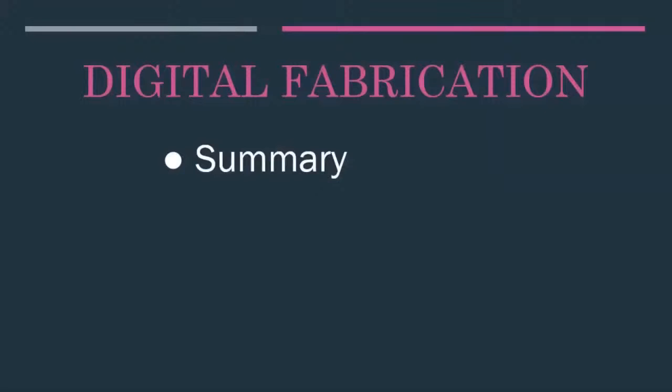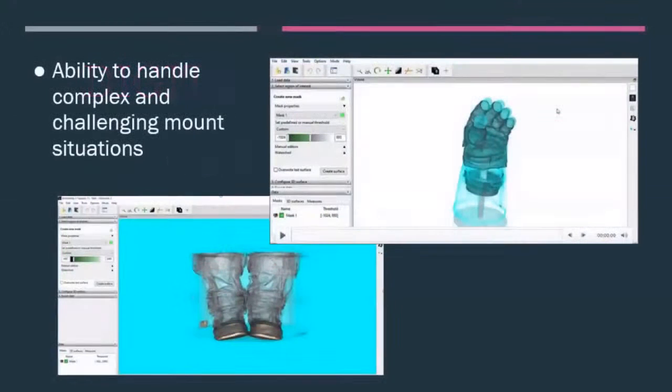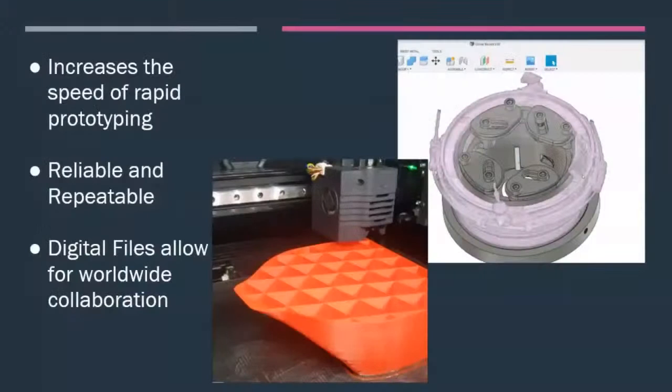In summary, I'd like to go over some of the key aspects of digital fabrication and how it can benefit the museum world. First off, digital fabrication has the ability to handle complex and challenging mount situations. It also increases the speed of rapid prototyping.